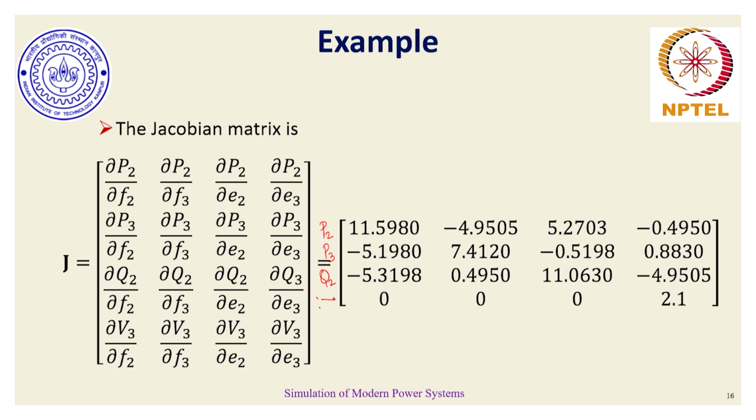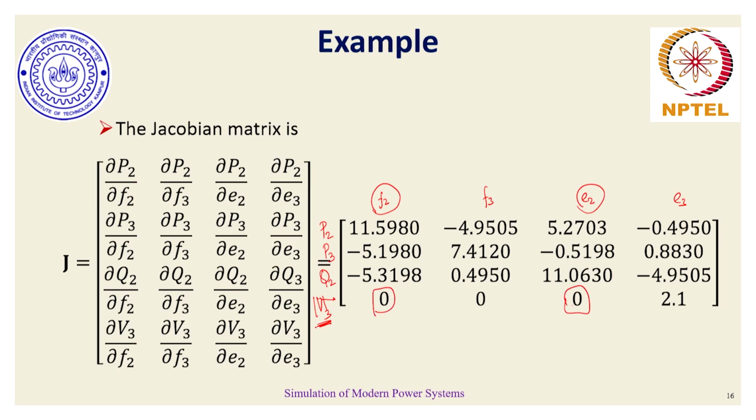And the last row is for the voltage magnitude specification of bus number 3, where the columns are F2, F3, E2 and E3. Since the voltage of bus 3 has nothing to do with F2 and E2 mathematically, that's the reason why these elements are 0.